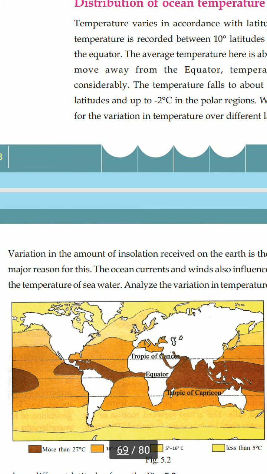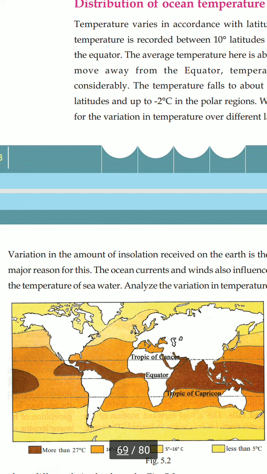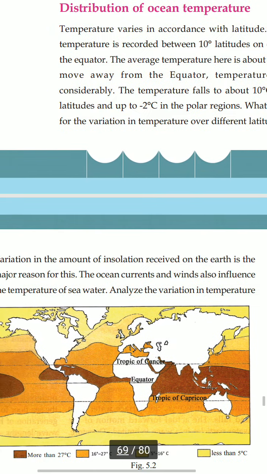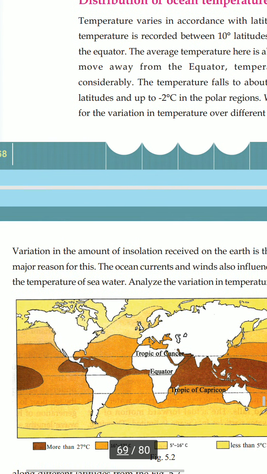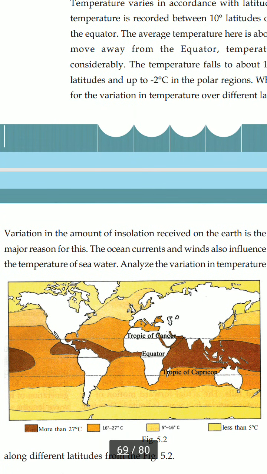That means the equator region receives more sunlight, so the insolation is very high when compared to both poles, north and south. Clear? The ocean currents and winds also influence the temperature of the seawater. So variations in temperature you can see.